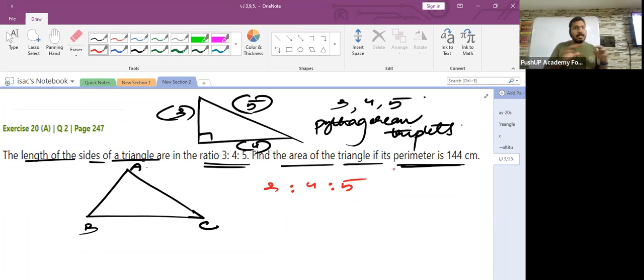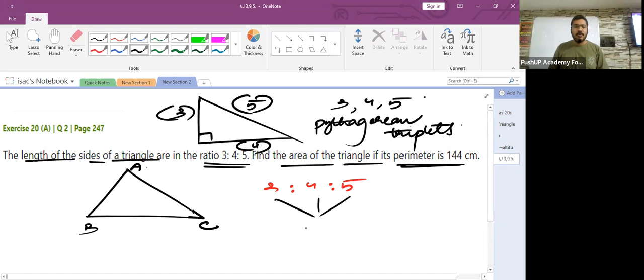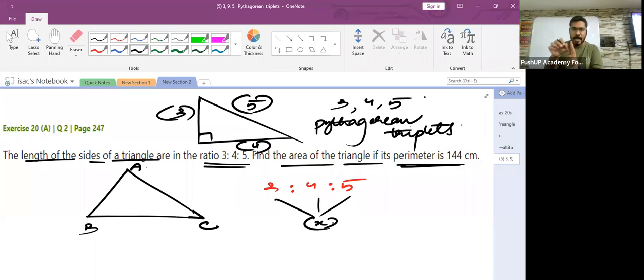Whenever three sides or three quantities are taken in ratio form, you can always take a common factor for all the three values, say, for example, x. Do you remember, children, your teacher telling you this? For all the given three sides, which is in fact given in the ratio form 3:4:5, you can take a common factor x amongst all the three values.